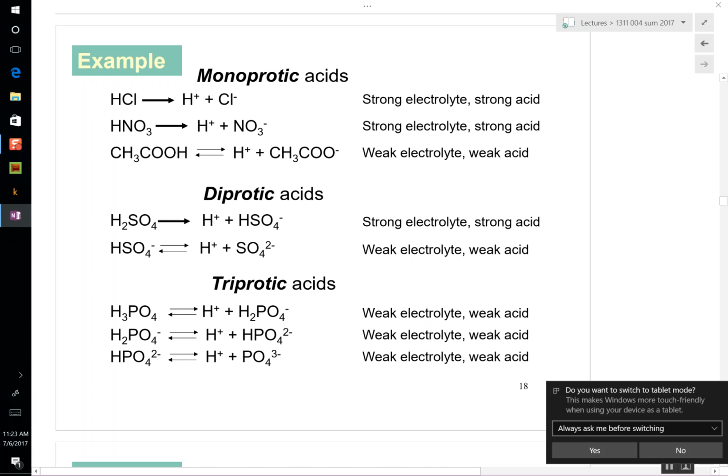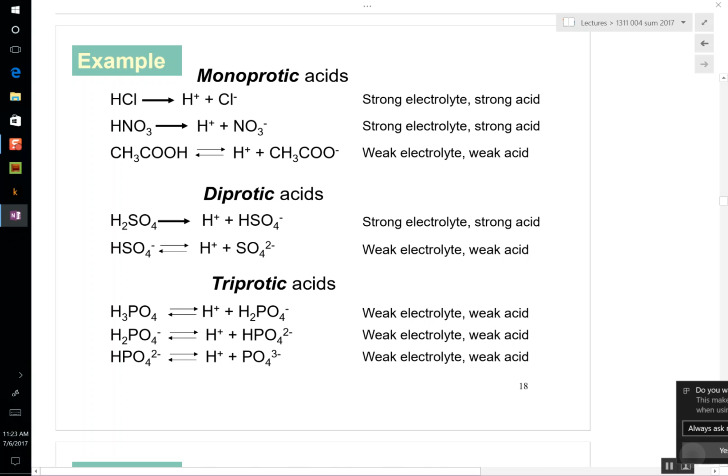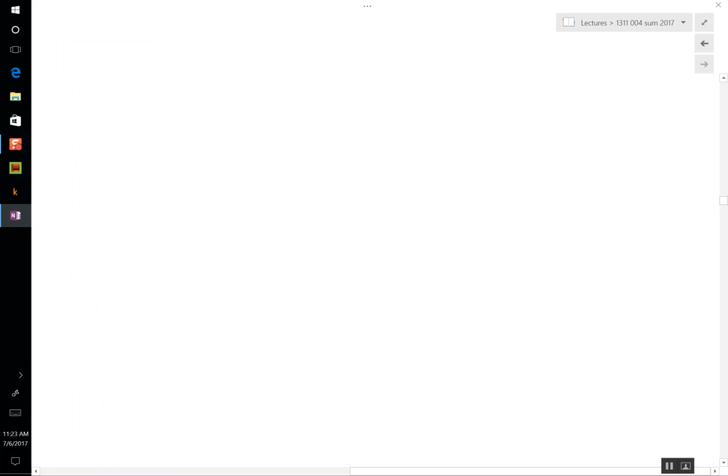These are all acids on this page right here. Before we get that complicated, let's just talk about acids and bases. Here are some very common acids. This is hydrochloric.